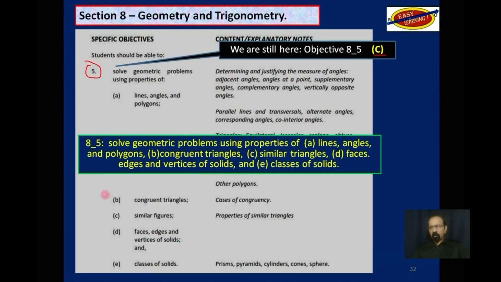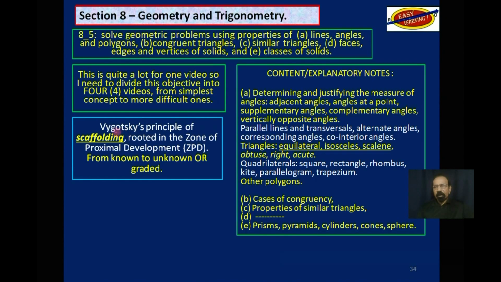So we are here, part C according to my division, but according to the syllabus here, it is actually B and C. Again, I am employing Vygotsky's principle of scaffolding, which essentially is moving from the known to the unknown, or graded.